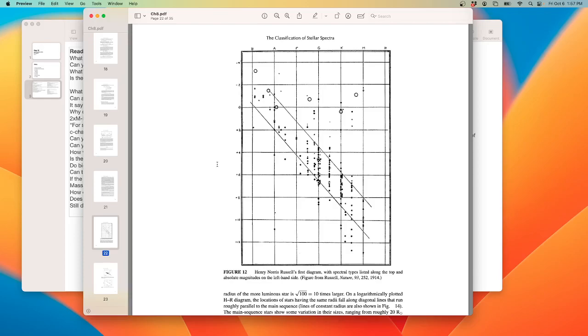They also sorted out that the peak lambda is 2.9 millimeters over the temperature. And this sets the spectral class, or is related to the spectral class. So the spectrum comes from the spectrum, and the temperature comes from physics.